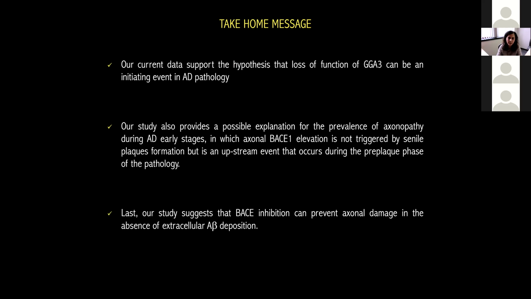And finally, the in vivo BACE inhibition suggests that BACE inhibitors can prevent axonal damage in the absence of extracellular deposition, at least that's what our data suggest, if used early enough in the pathology.